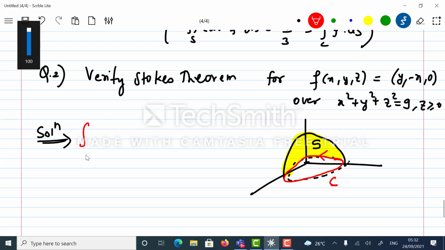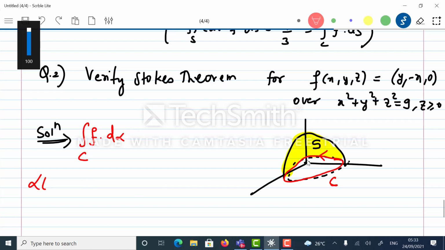To find the line integral of f d alpha, I need to take a parameterization, alpha. If I use cylindrical coordinates, x is equal to r cos theta, y is equal to r sin theta. Here z is 0 anyway.